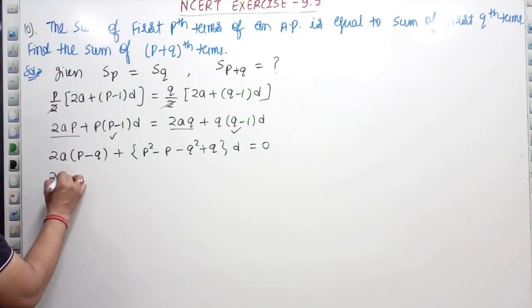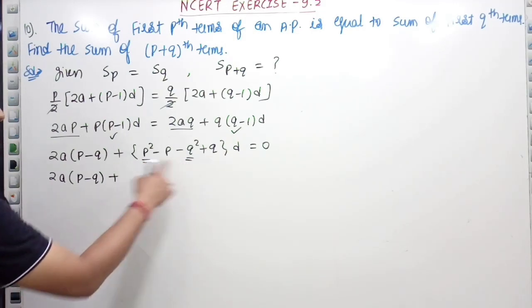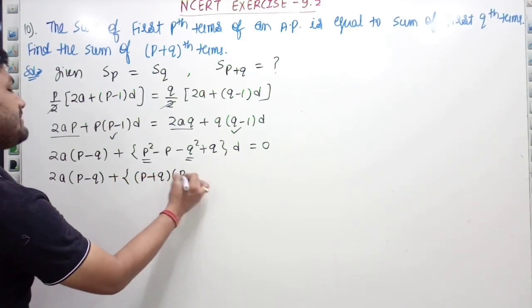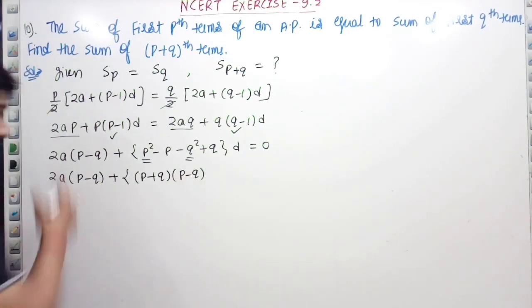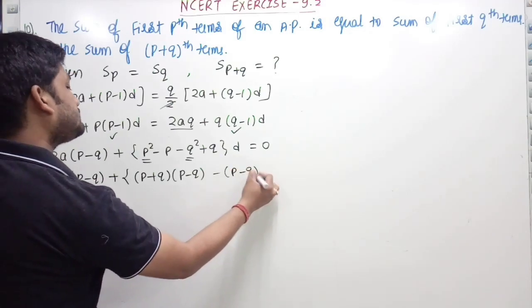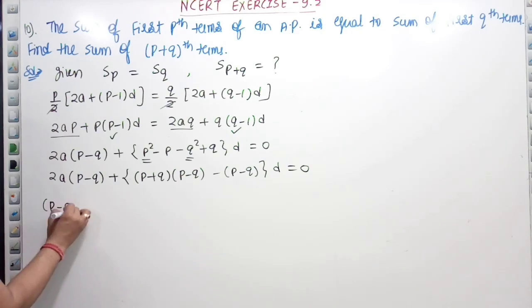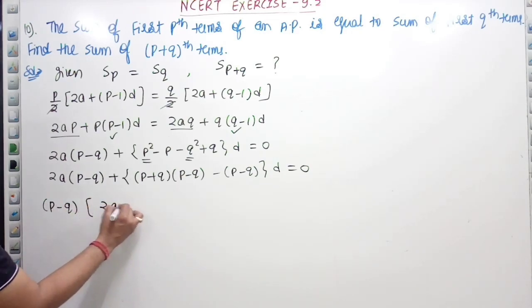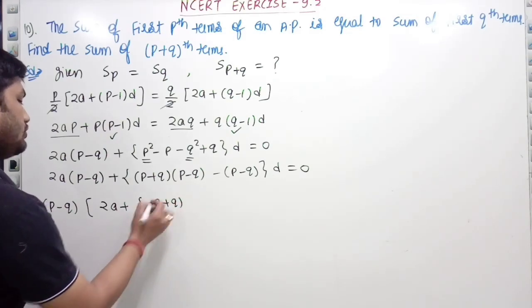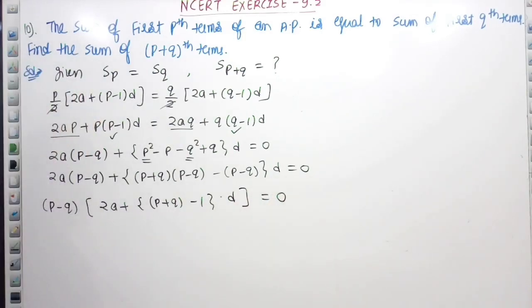Now 2a into (p minus q) plus, I am applying the formula a square minus b square, this is (a plus b)(a minus b), right? And from these two terms I am taking minus common. Now p minus q is whole common. What is left? 2a plus p plus q minus 1 into d is equal to 0.